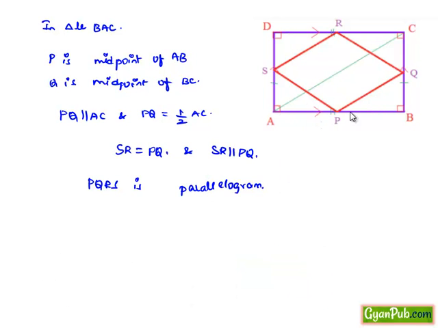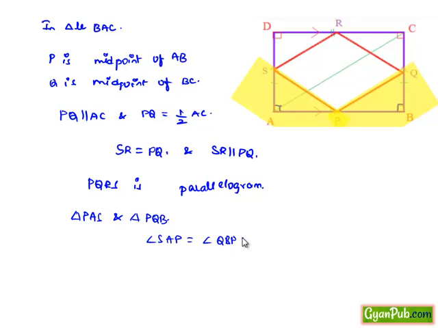In order to prove that PQRS is a rhombus, let us consider the two triangles, that is triangle PAS and triangle PQB. In these two triangles, angle SAP is equal to angle QBP is equal to 90 degrees, as ABCD is a rectangle, and AP is equal to PB since P is the midpoint of AB.